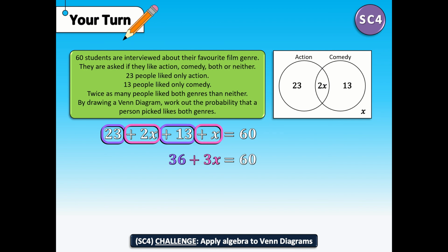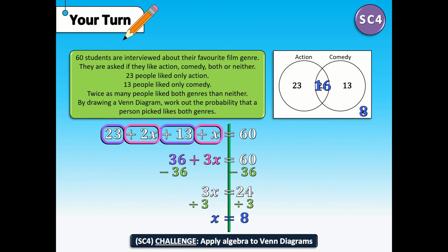So if we solve this equation, 3x is 24, so x must be 8. So there are 8 people that liked neither, and 16 people who liked both. So the probability that a person picked likes both genres is 16 out of 60.